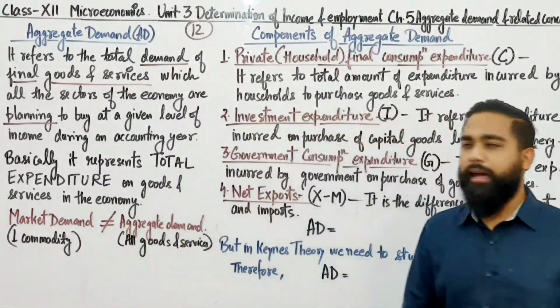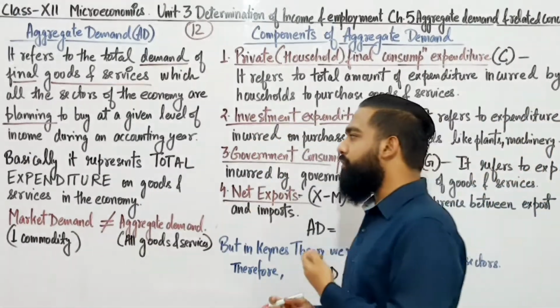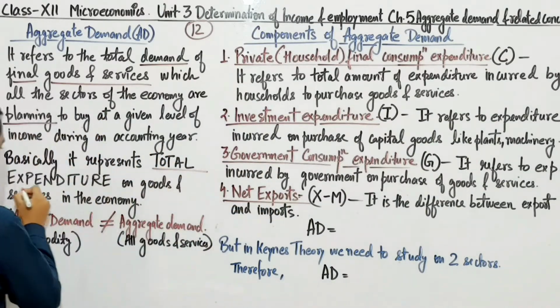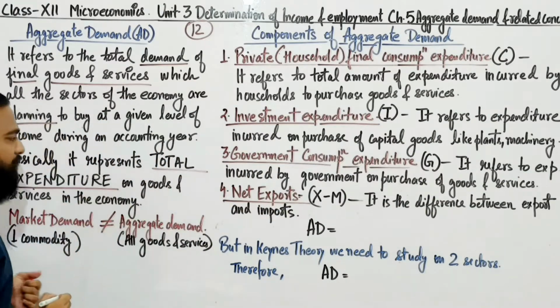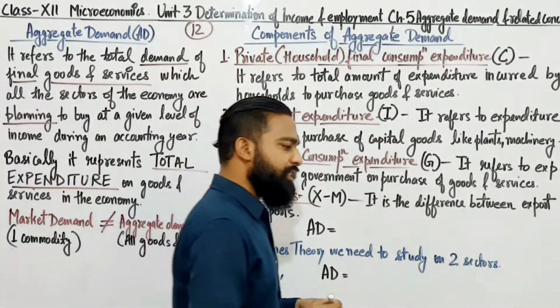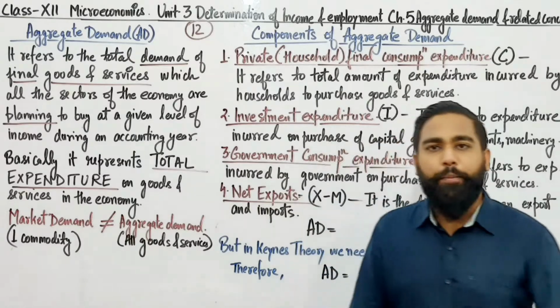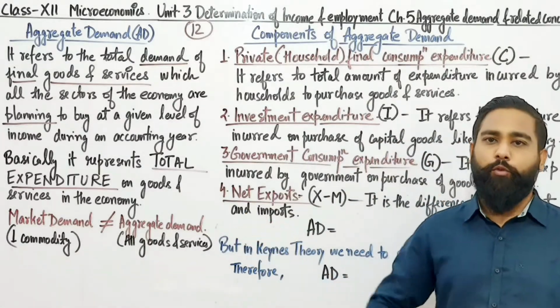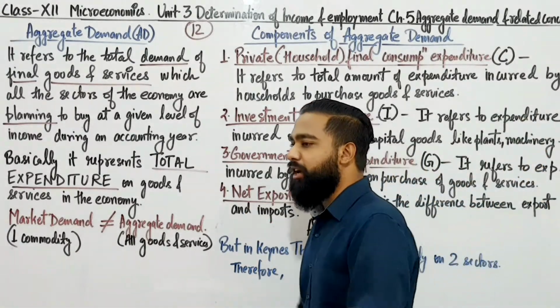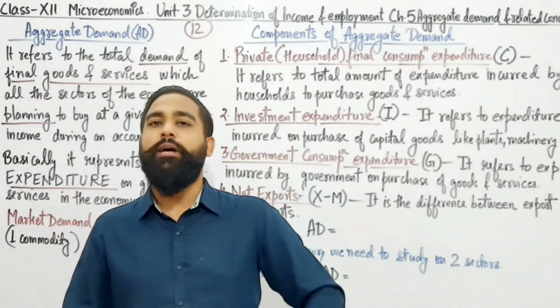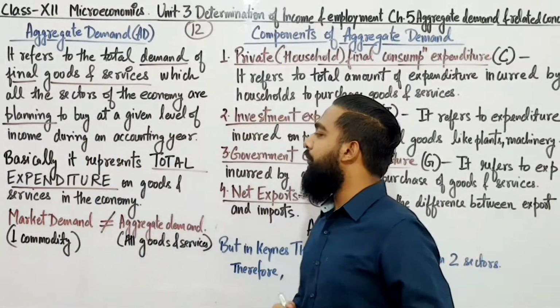In short, we can sum it up as the total expenditure on goods and services in an accounting year in an economy. Whatever amount of expenditure an economy is planning to do, that is your aggregate demand.